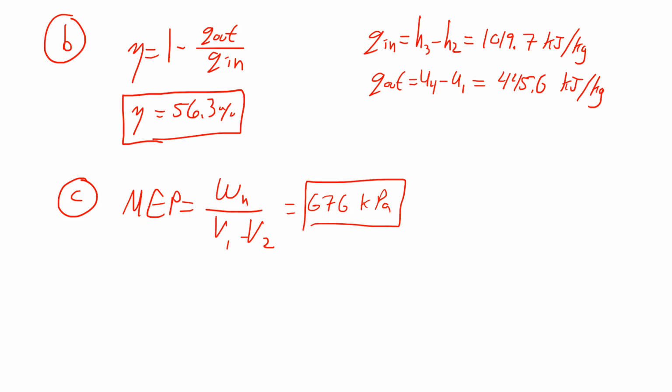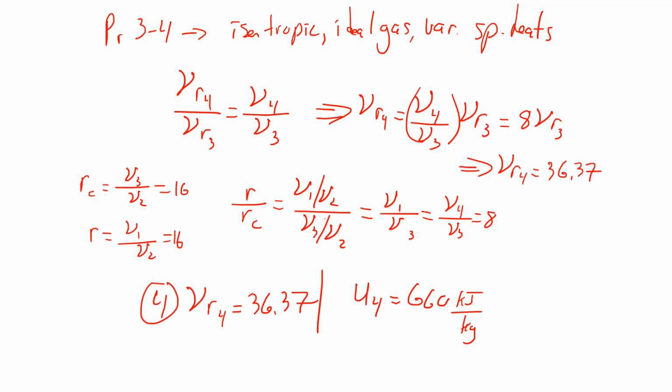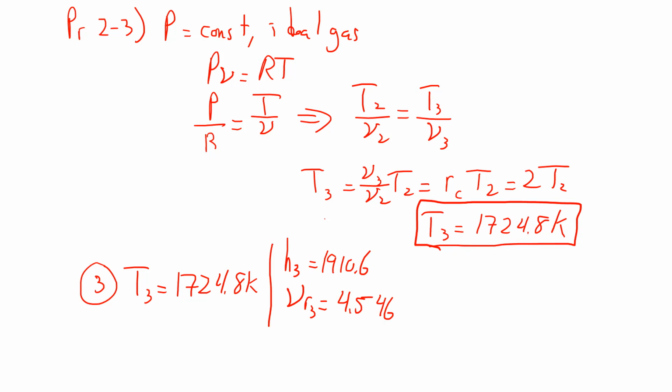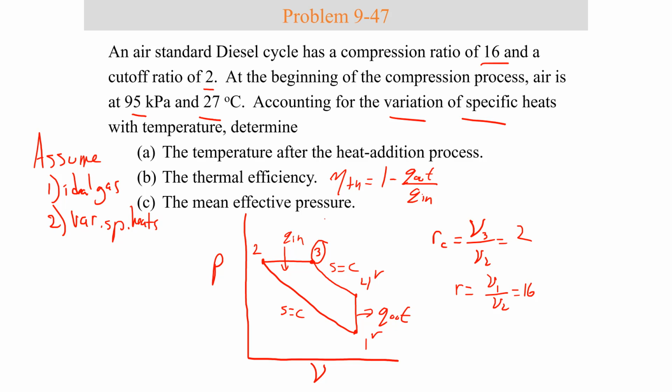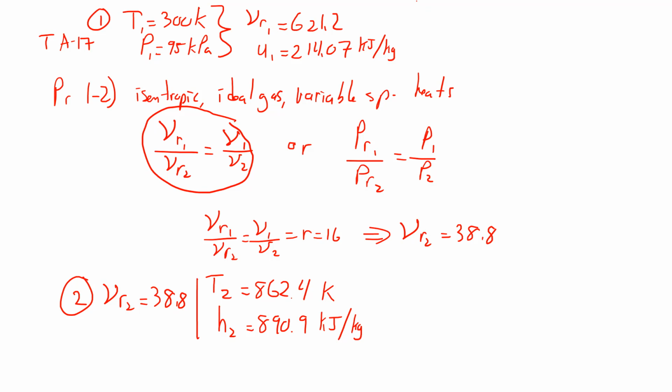Now again, the main part of this problem, guys, is making sure that you follow the process lines. We started off at state 1. We got the relative volume and the internal energy.